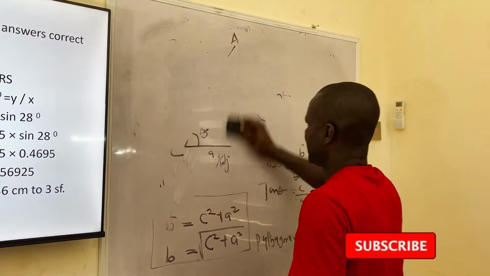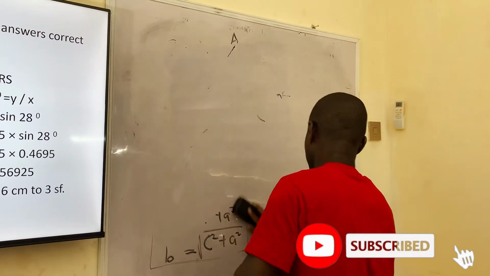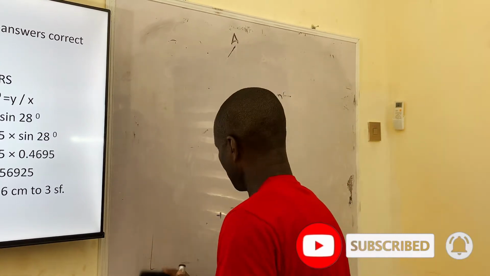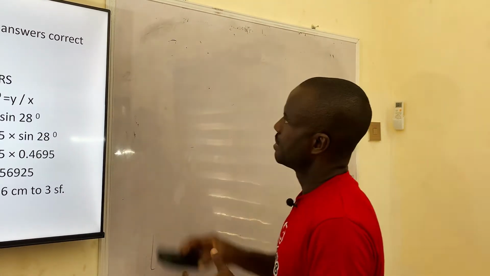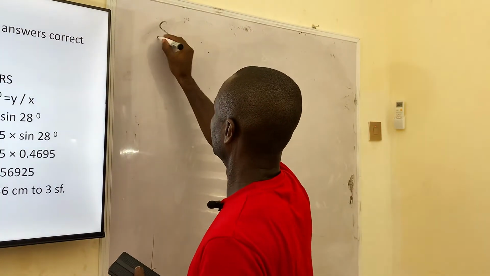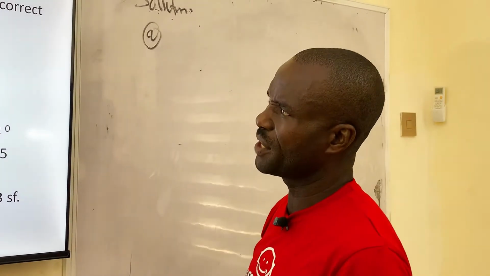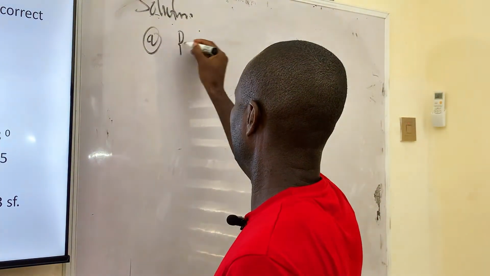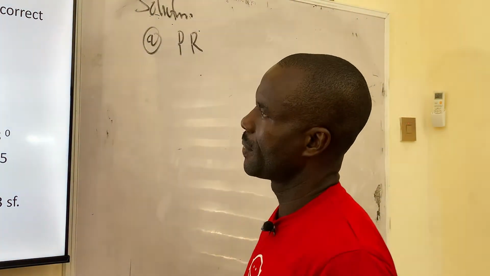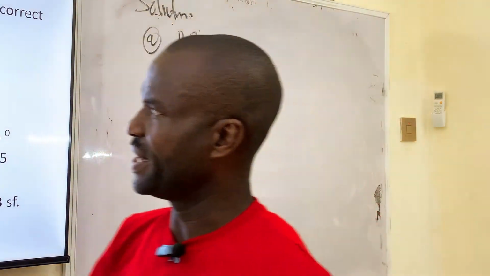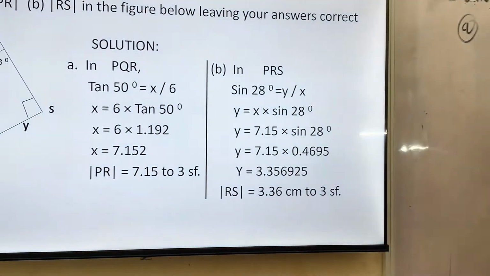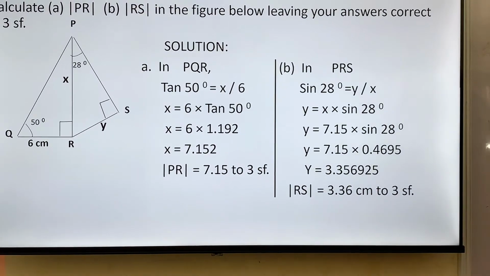Solution. How do we solve this? So A. To solve A, we are looking for the side PR. The side PR is X. So how do we find X?